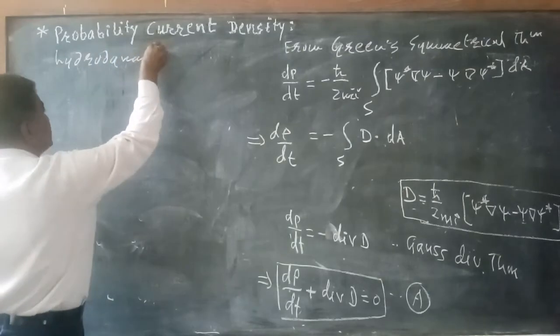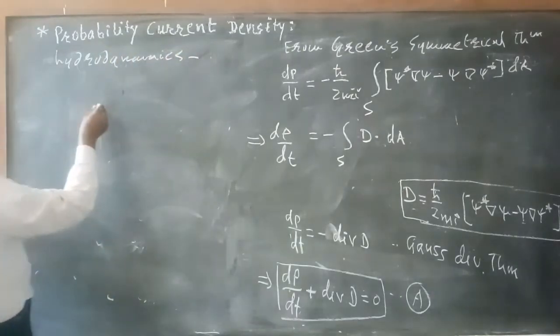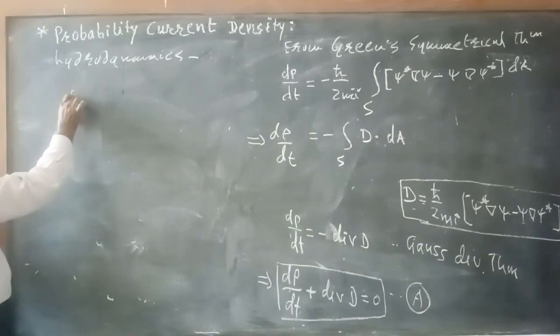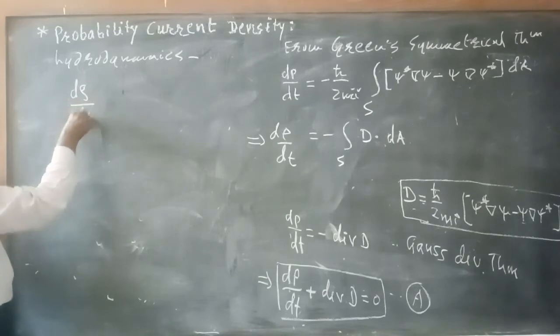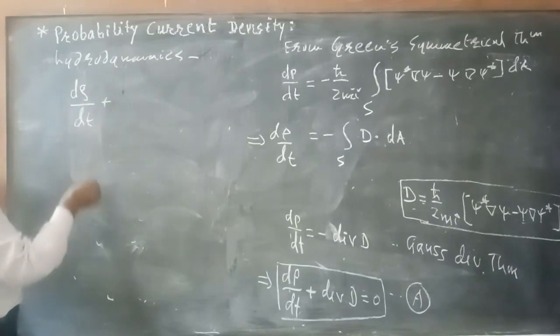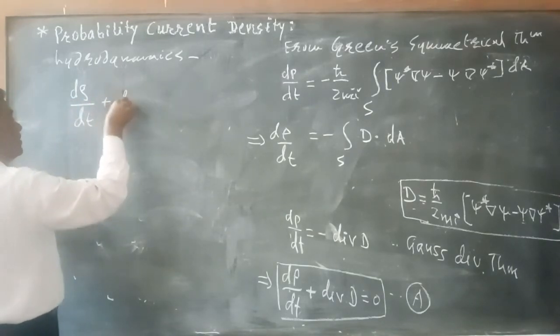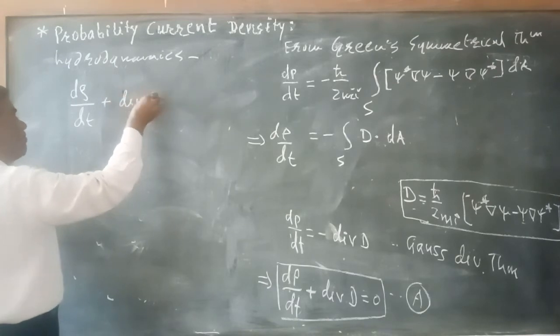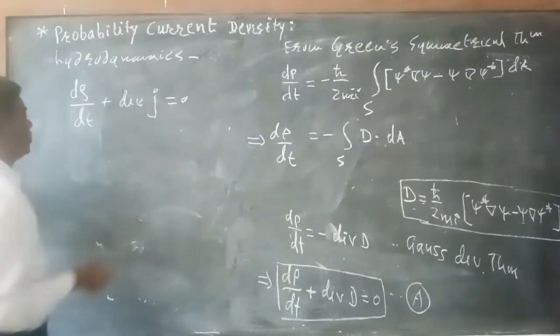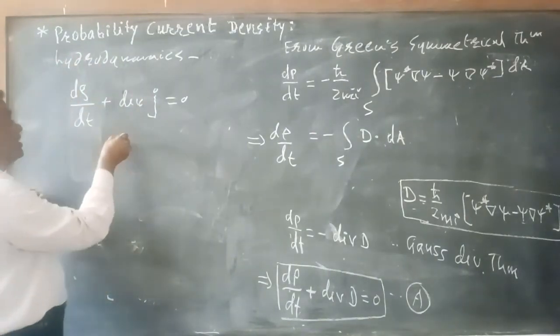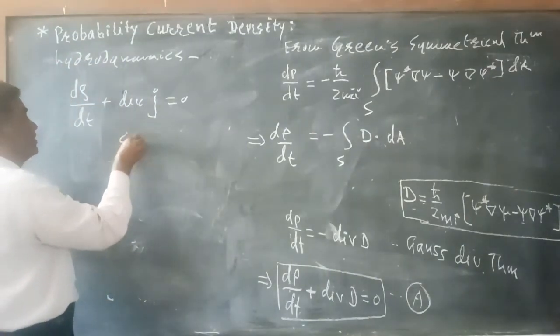In hydrodynamics, or fluid dynamics, there is one equation, and we compare that equation: d rho divided by dt plus divergence of J is equal to 0. This equation is known as the equation of continuity.